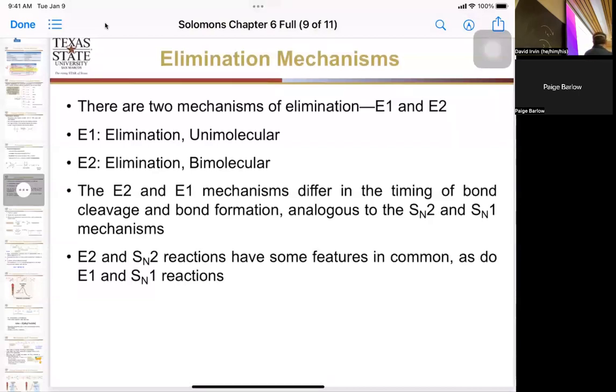Then we have an E2, which is bimolecular, meaning that the leaving group is leaving at the same time the base is removing the beta hydrogen. Okay. So obviously, it's analogous to the SN1 and SN2, right? We're either forming a carbocation or we're not.